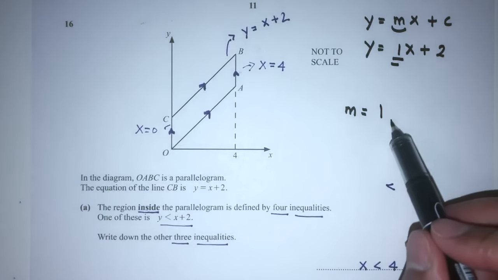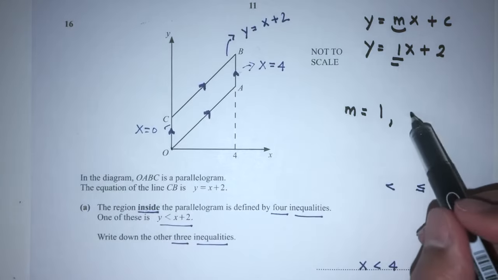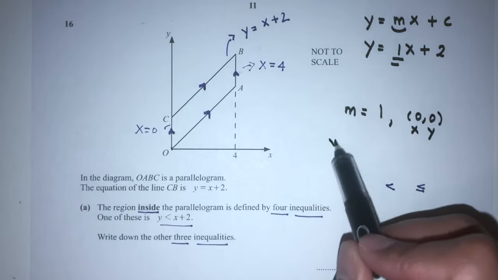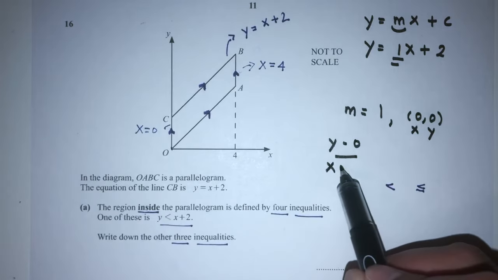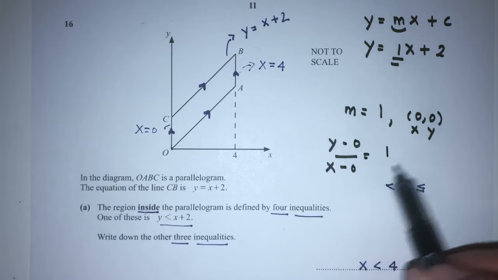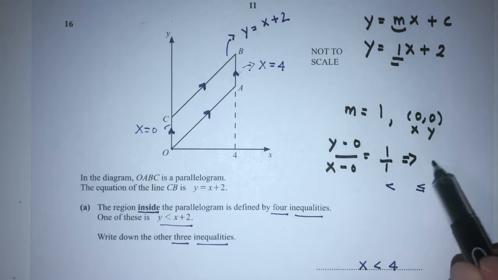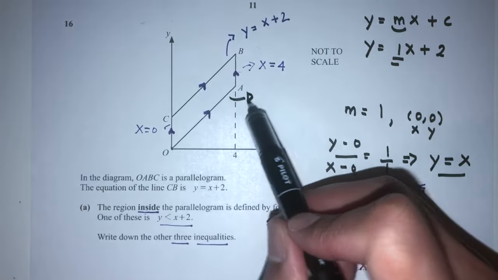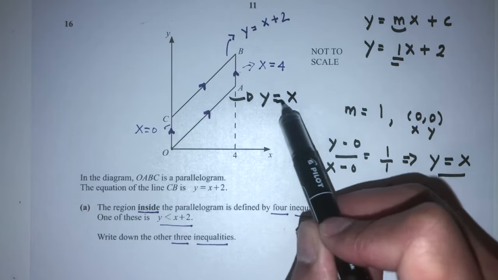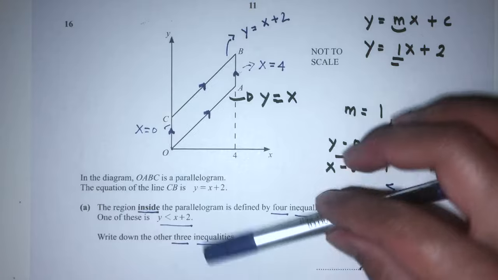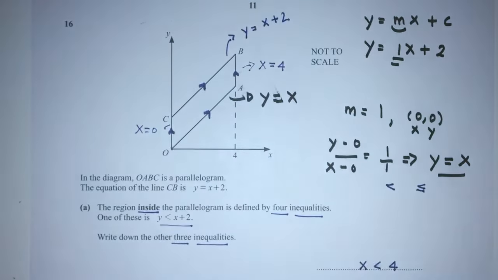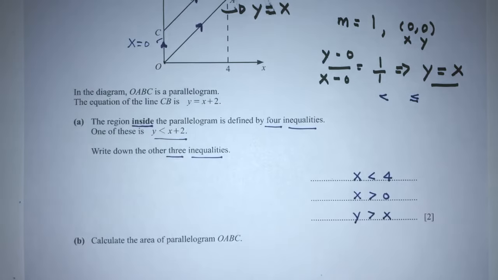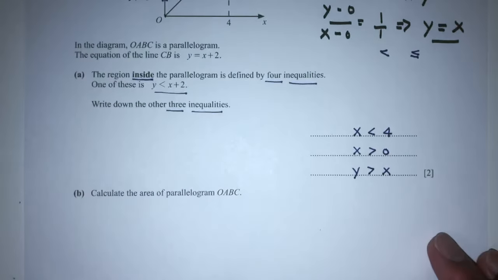Now to find the equation, we can use a passing point. We know it passes through the point 0, 0. So use y minus 0 over x minus 0 equal to the gradient. So you can conclude that the equation of this line is y equal to x. Now as you can see, the shape is above this line, so you will write y is more than x. So this will be part A of the question.